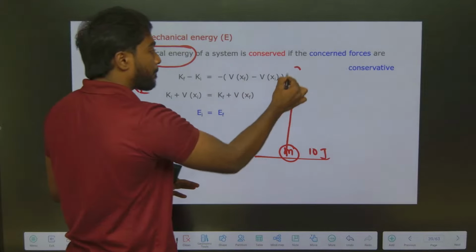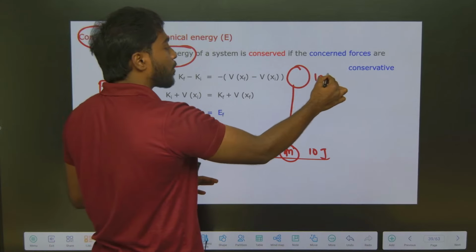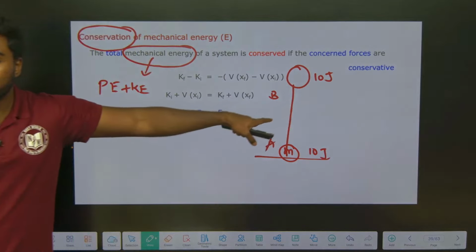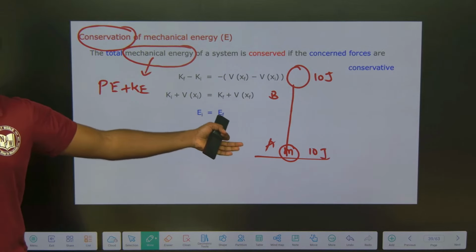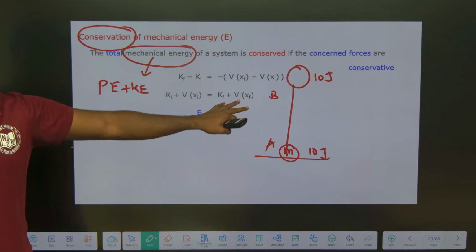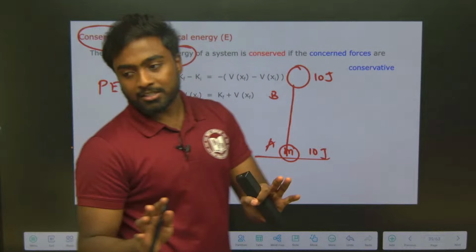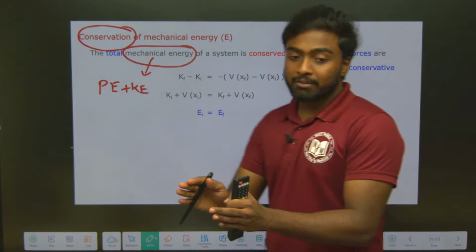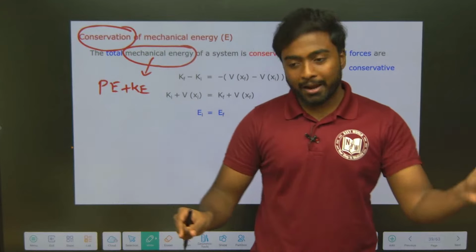If the object has the same 10 joules at the second point also, point A and point B, then what is the meaning of that? The object's energy is conserved, right? For example, initially the object will have some potential energy and some kinetic energy.